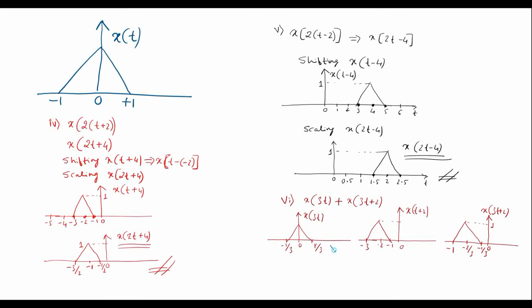Now by adding this and this, we will get minus 1 by 3 and this will be minus 1. This is x of 3t plus 2 signal followed by x of 3t. This is 0. This is minus 1 by 3 to 1 by 3. So this is the sum of x of 3t plus x of 3t plus 2.